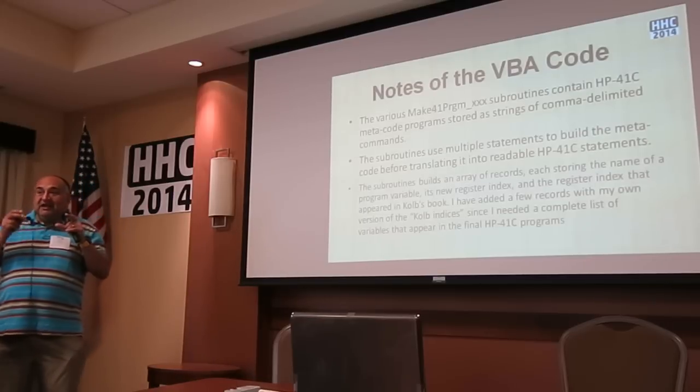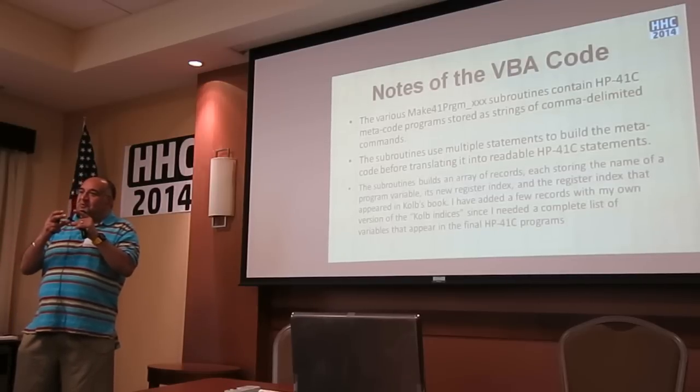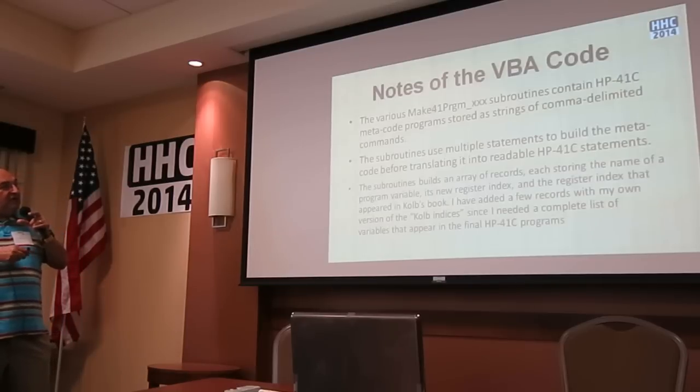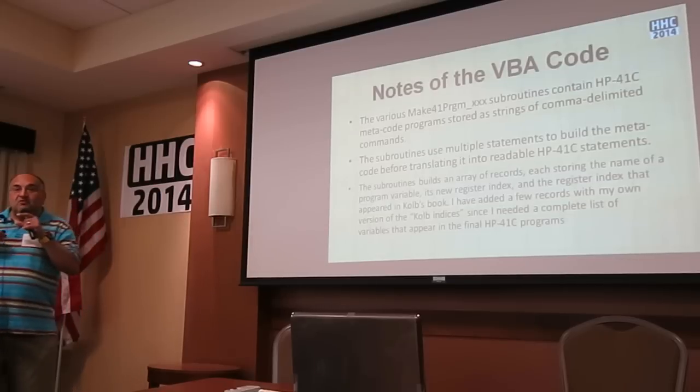So each worksheet has a condensed version of the program that's stored in it. And it uses multiple statements to build this metacode before translating it into a readable program.